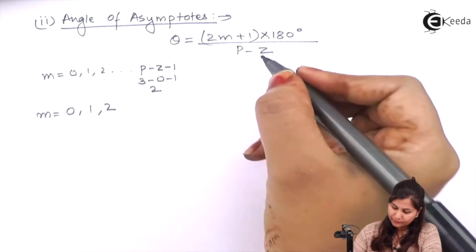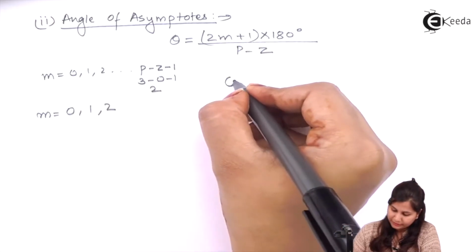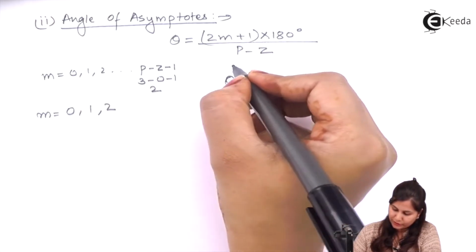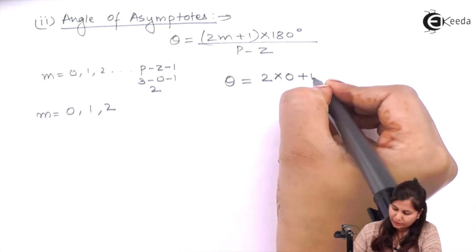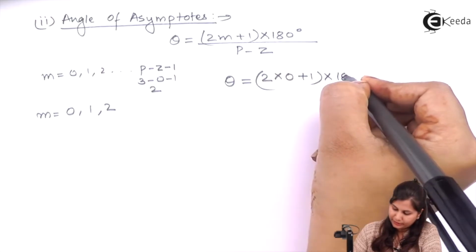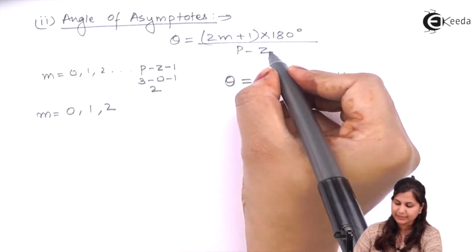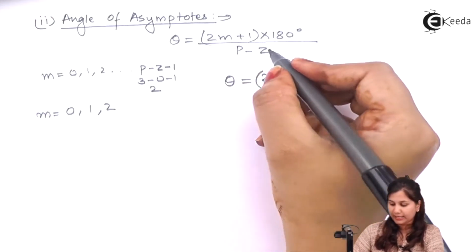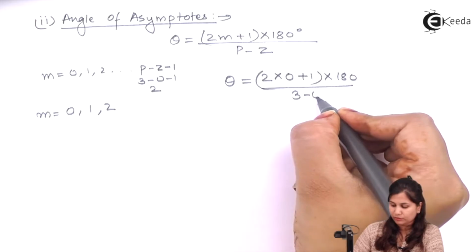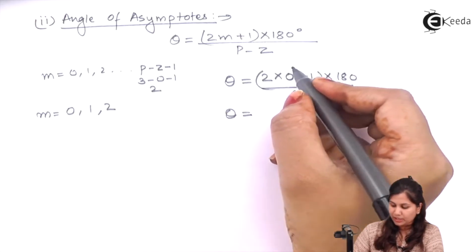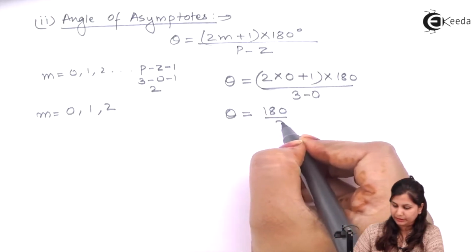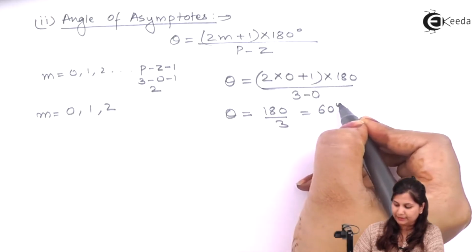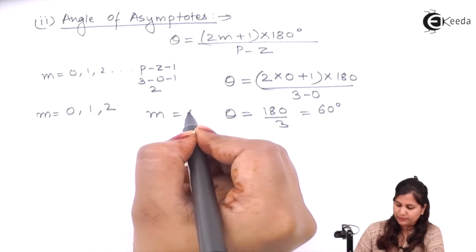Okay. Put the value of m here. First putting m equals 0. So theta equals (2 into 0 plus 1) into 180 upon p minus z. The number of poles is 3 and the number of zeros is 0. So theta will be 1 into 180, 180 by 3. So it will be 60 degrees for m equals 0.